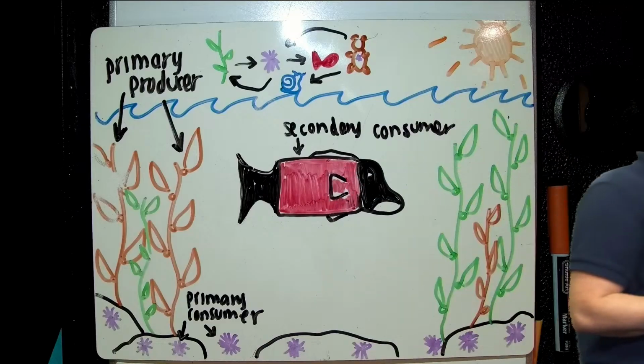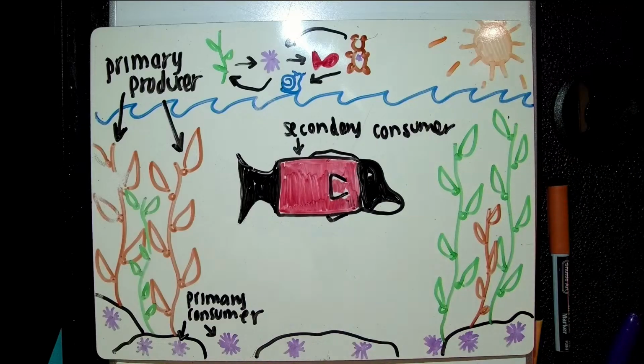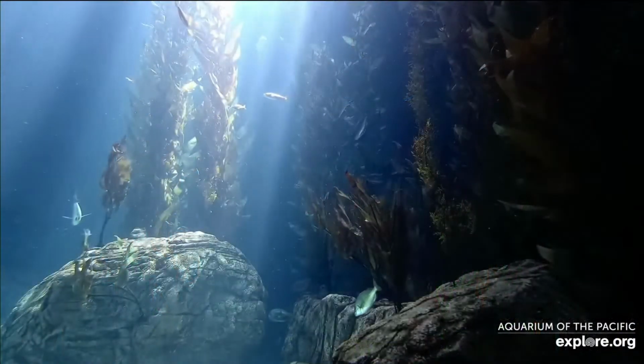If we go back to Blue Cavern, so when we look at Blue Cavern at a kelp forest, there's a lot of animals in there, and they all play an important role in building this habitat and being part of it and in that food web.